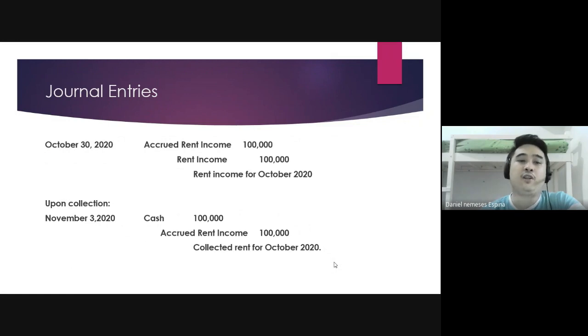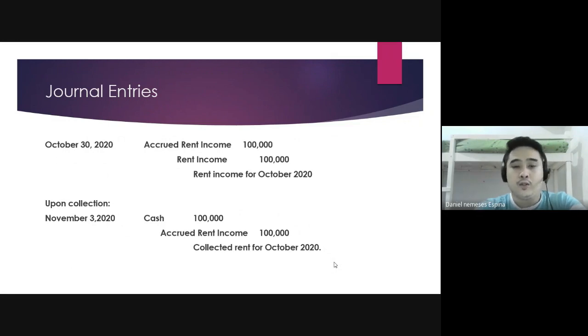Kung kanus-a ang naka-benefit imong customers or imong clients, didto ka dapat mag-recognize og income. Since October man to ilang girentahan, they have consumed the whole October to stay in your place. So at that period, you need to recognize an income. So debit accrued rent income and then credit rent income for 100,000. You may use the explanation: rent income for October.